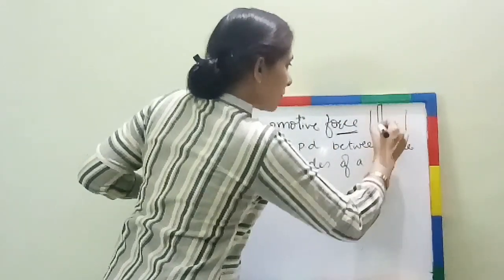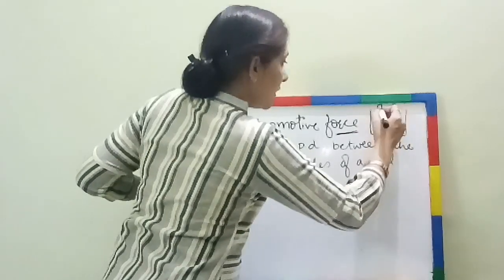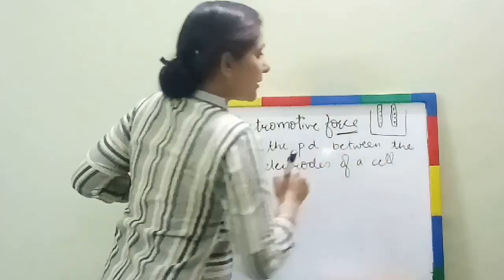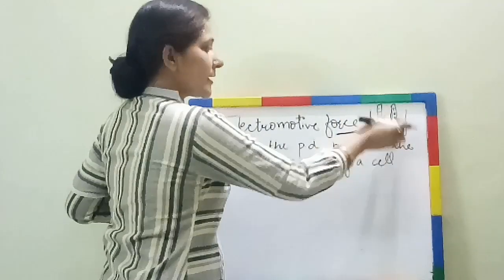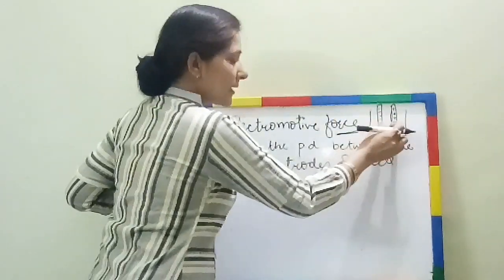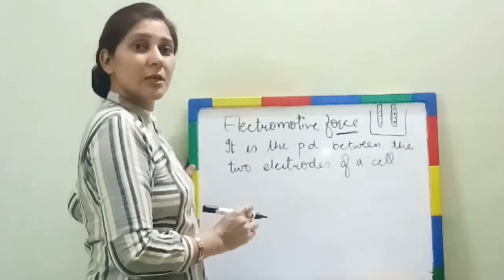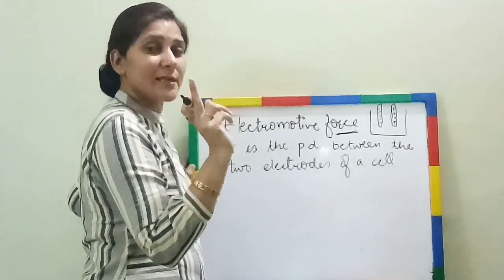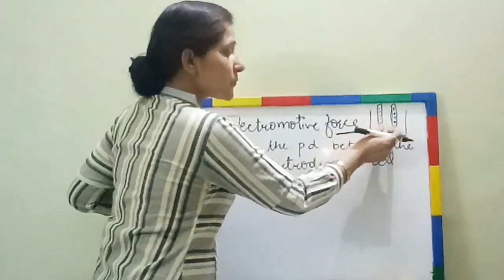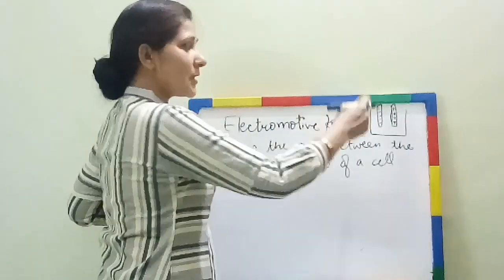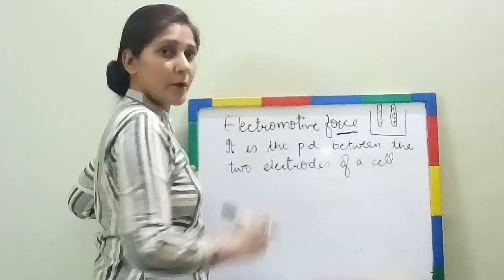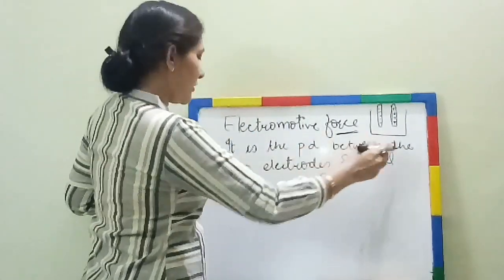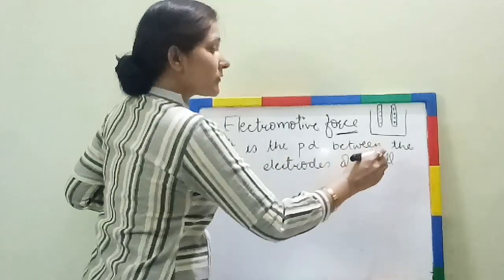This is one electrode, this is the other electrode. One has an excess of negative charges, the other has a deposition of positive charges. That means there is a difference in potential. Due to this, the cell is able to create a potential difference, which forces the charge. This is the definition of a cell that we studied. So due to this potential difference, it is able to force the electrons through the electrical component as I had drawn there, right? So it is the potential difference between the two electrodes of the cell.